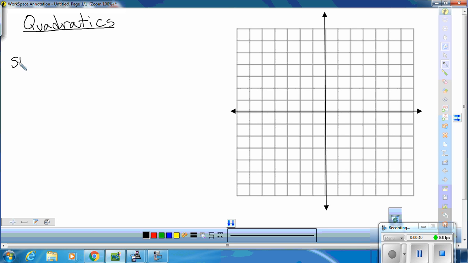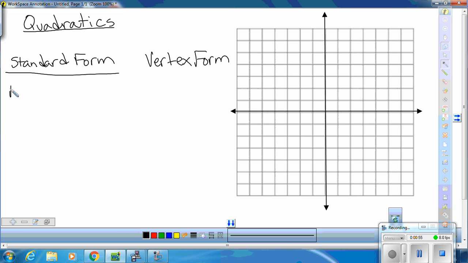We have what we call the standard form and the vertex form. All right, so the standard form is going to be ax squared plus bx plus c is equal to y, or y equals f of x equals, whichever notation you happen to be using at the time, but y equals ax squared plus bx plus c.